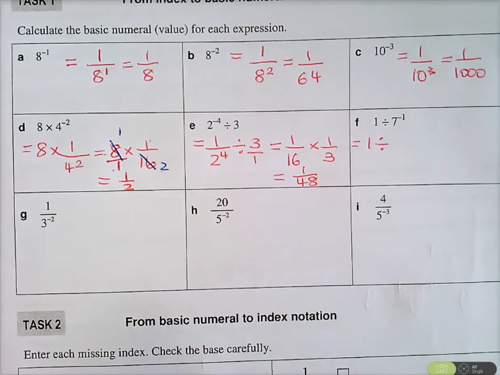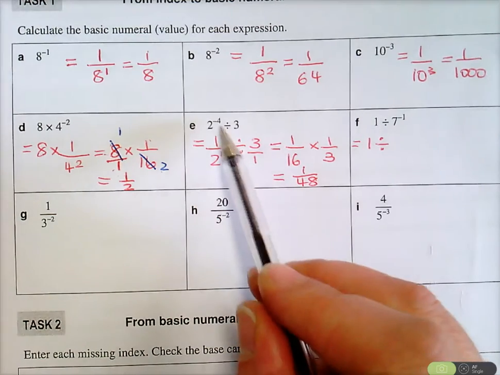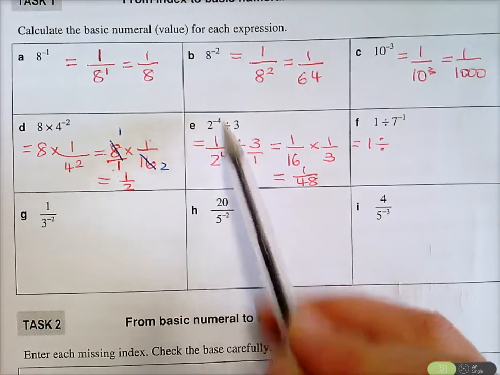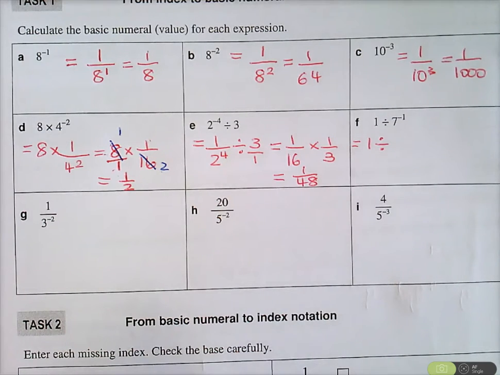So if you ever see a division problem with fractions, change it to a multiplication problem. No dividing with fractions. 2 to the negative 4 means 1 over 16. You only flip the second fraction. So you keep the first, change the divide to a times, and then flip what's after it, not before it. Got it?